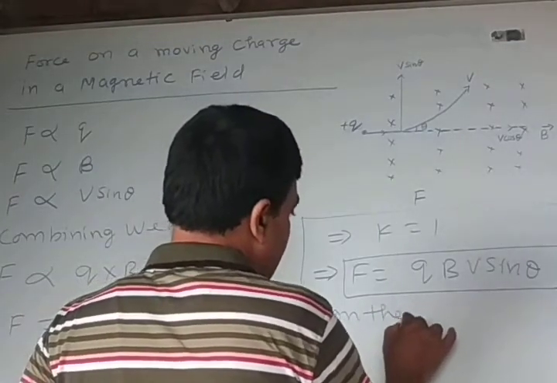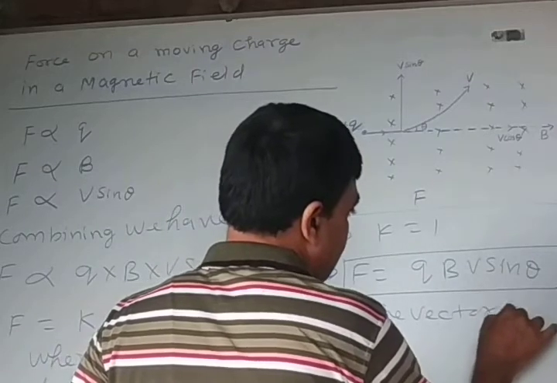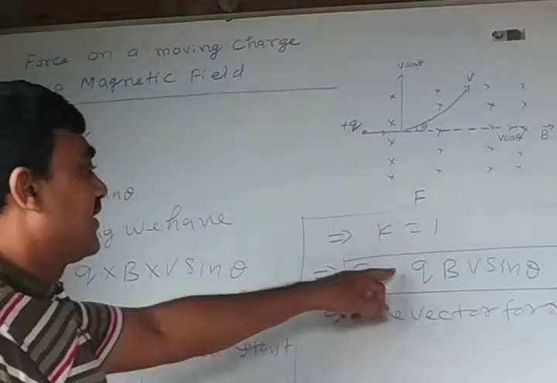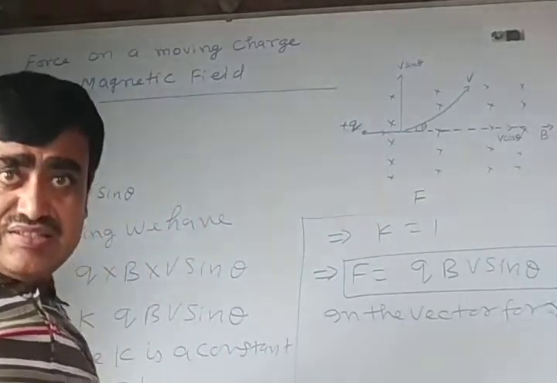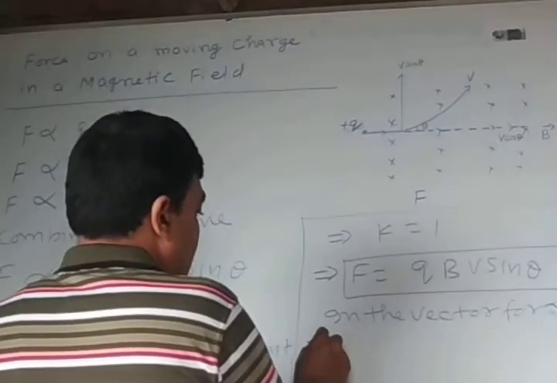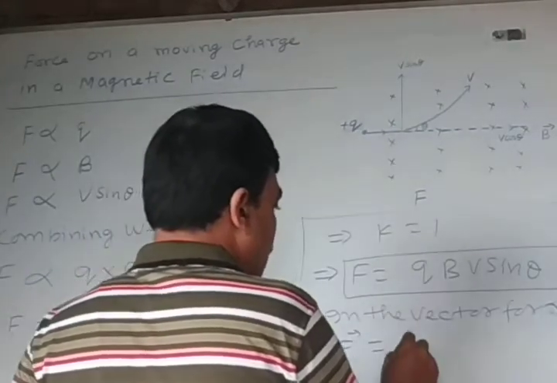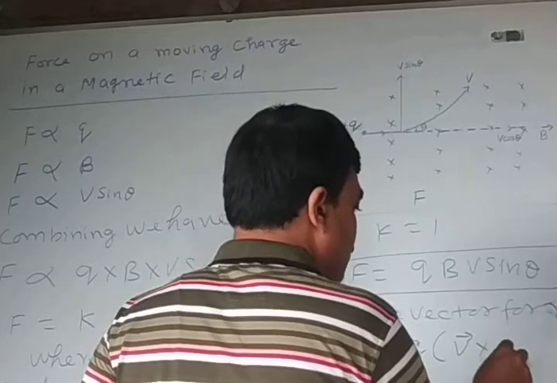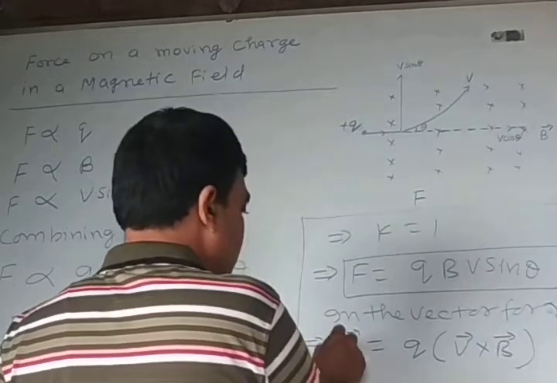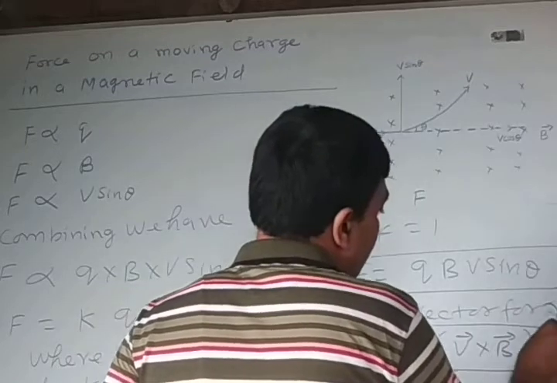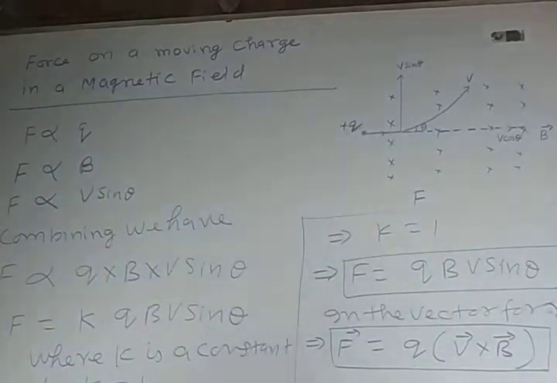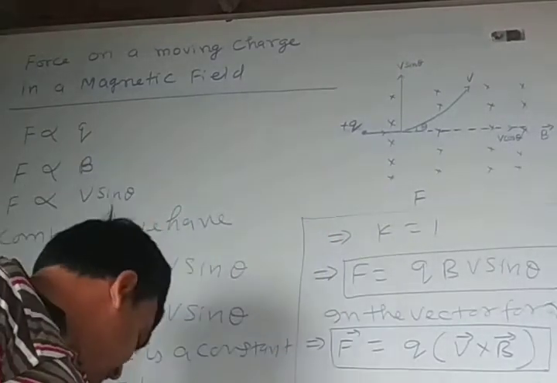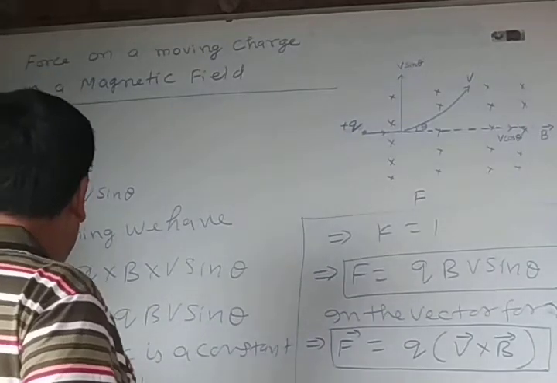In the vector form, it can be written as vector F is equal to Q into vector V cross vector B. This is the vector form of force acting on a charged particle in the case of a magnetic field.